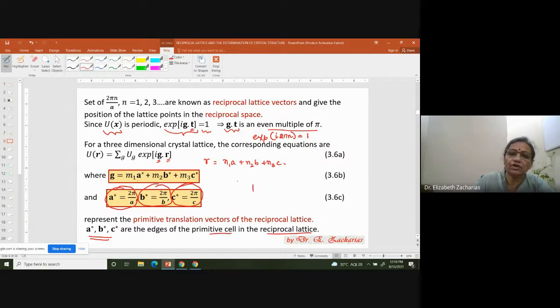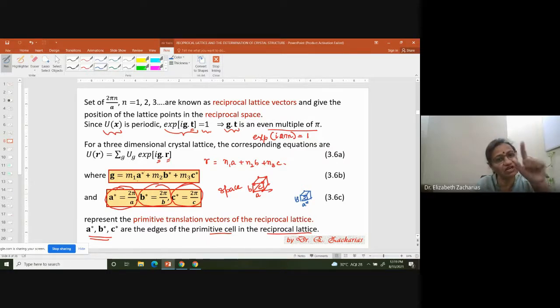Once more, I'll tell you, in your normal space lattice, let us say I have a structure like this with lattices or atoms sitting at the corners. Then, if this side is going to be A, if this side is B, and if this side is C, then in my reciprocal lattice, this will correspond to some structure with sides as A star, B star, and C star.